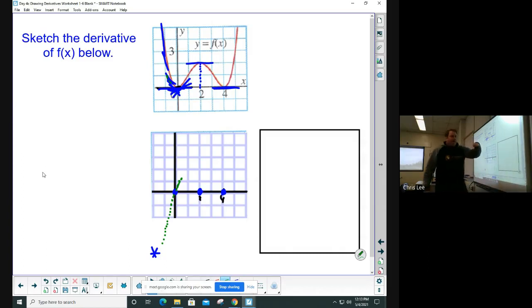Now, remember I said that this graph is going like this. And so at some point on this red curve, it's not so steep, and then it gets really steep, and then it becomes less steep. So somewhere in here, usually in the middle, but not always in the middle, it is at its steepest. And then it goes back and becomes less steep.